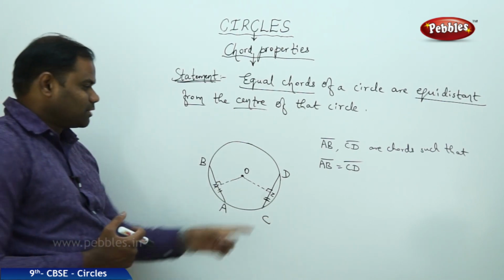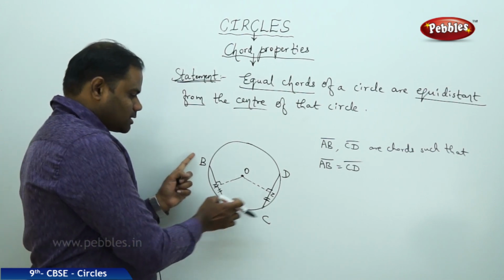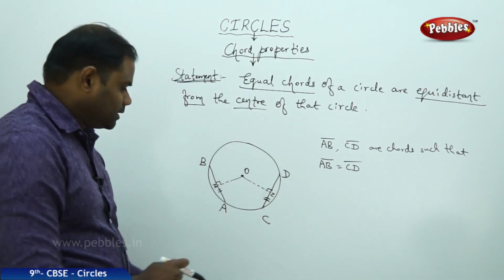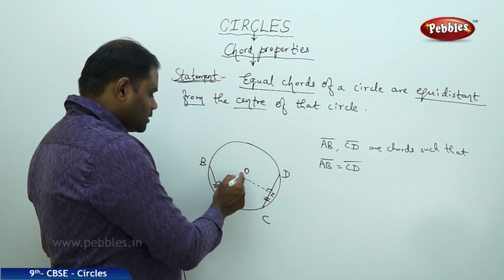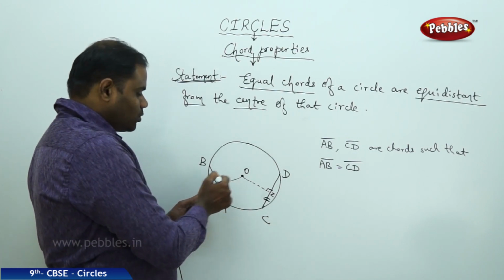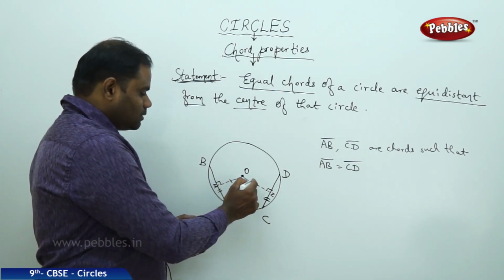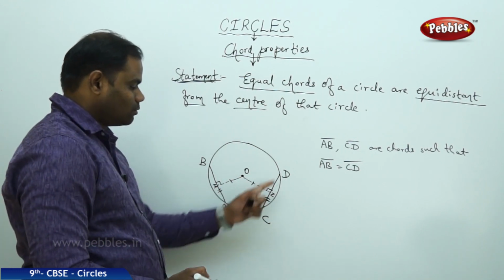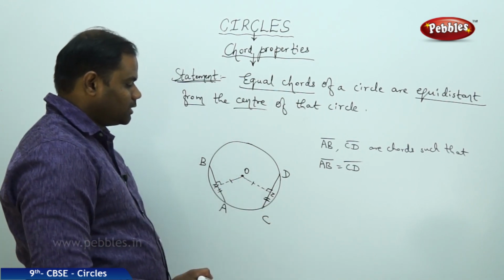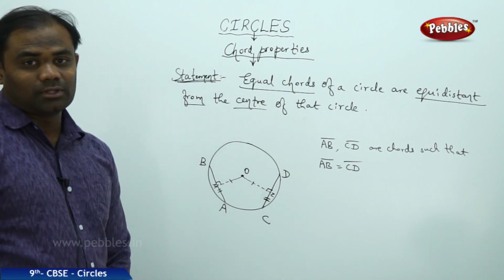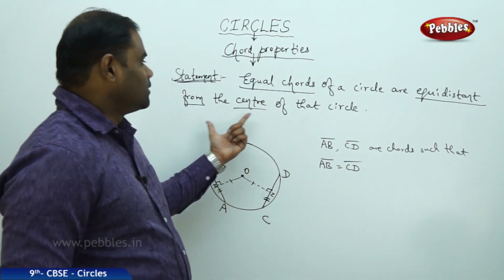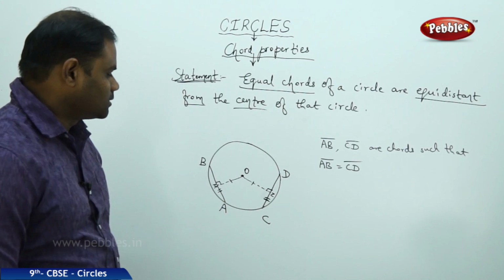So the property says that for this circle which has equal chords AB and CD, they are equidistant from the center. That is, the distance of O to AB, which is OM, will also be equal to the distance of O from CD, which is ON, and they are equal, is what the property says. They are equidistant from the center.